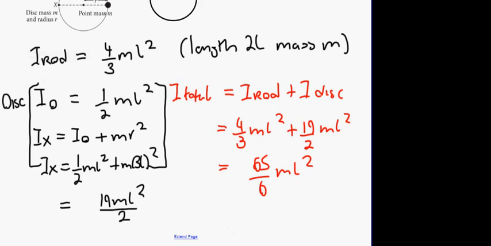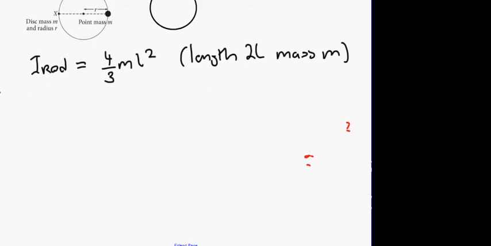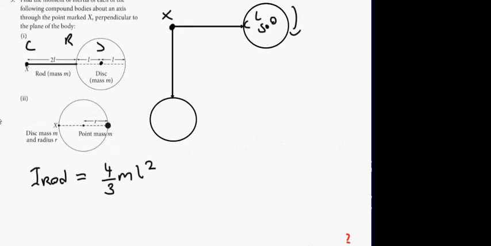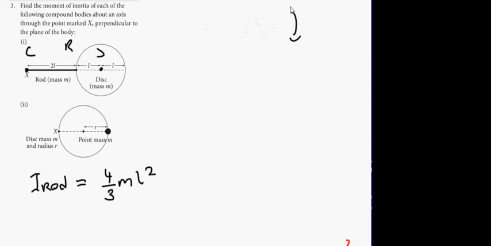Okay, next one is part 2. Let's see what part 2 says. Part 2 is just a disc on its own with a point mass, so this here can all disappear. It's a disc of mass m, but you notice the axis goes through like that.